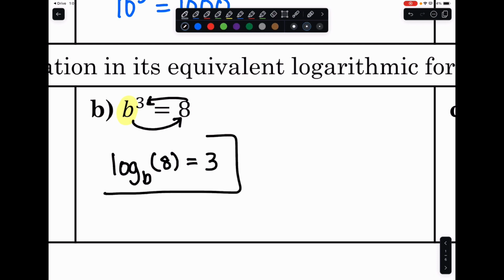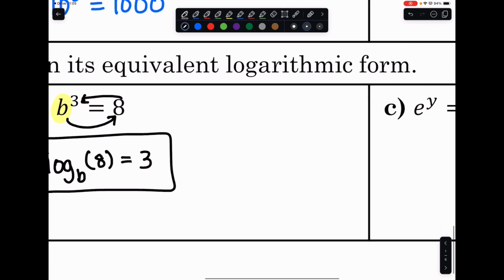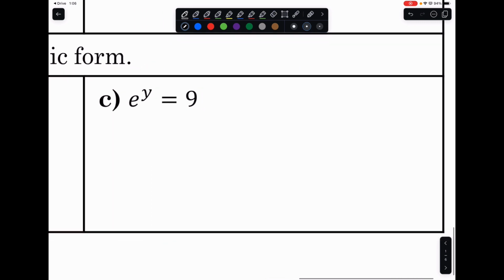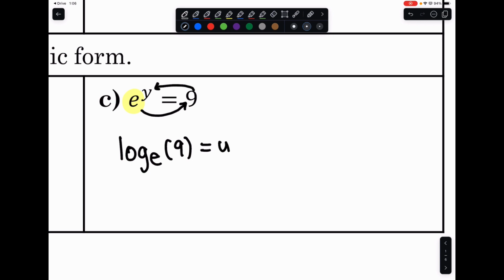So this is the equivalent form for this. And finally, our last example. Here our base is e, so the log base e of the value 9 equals the exponent y. So this would be the equivalent form.